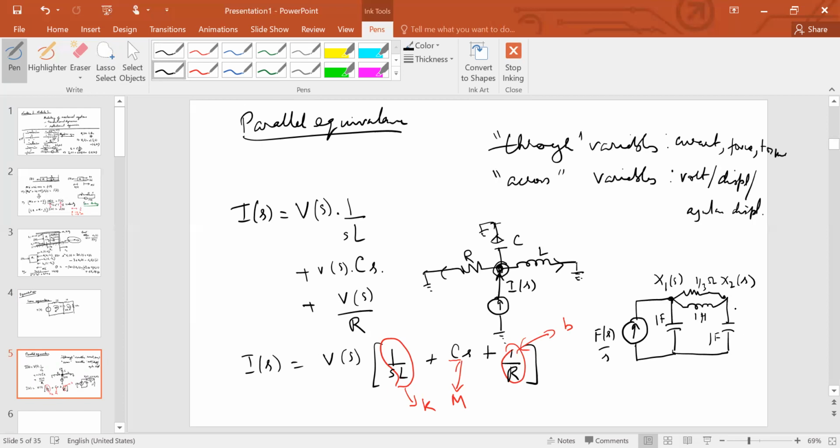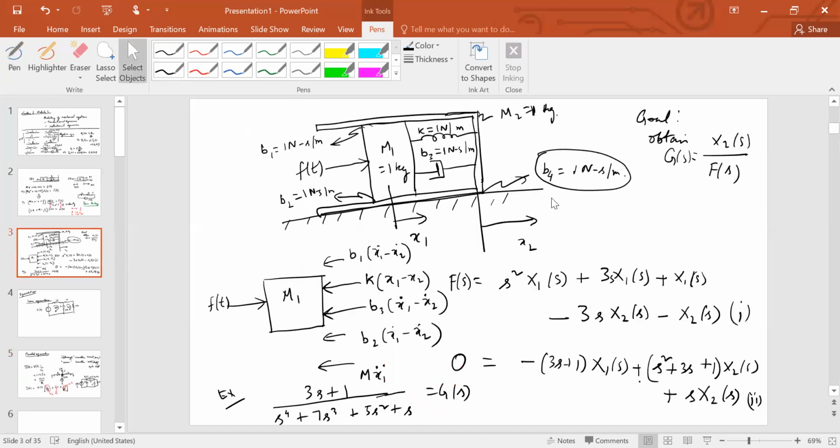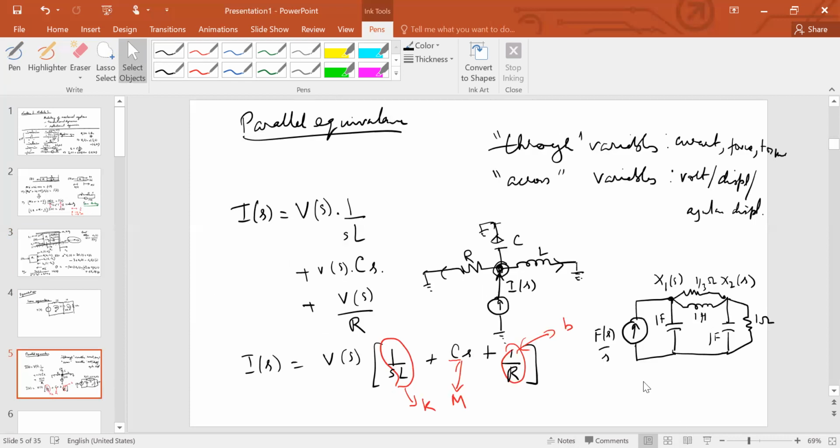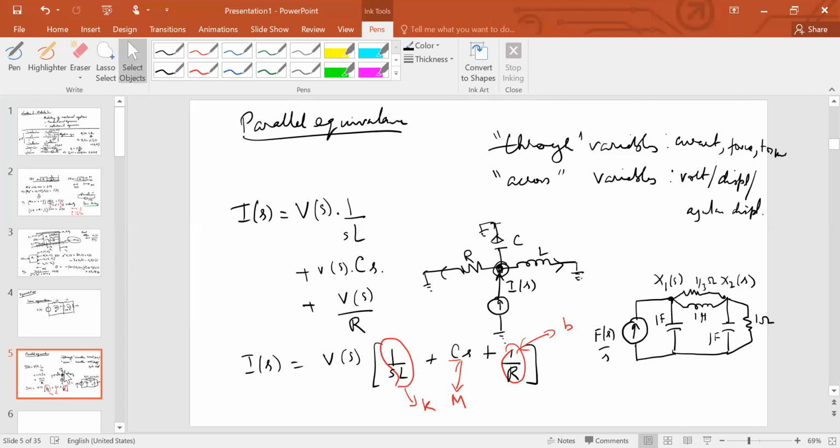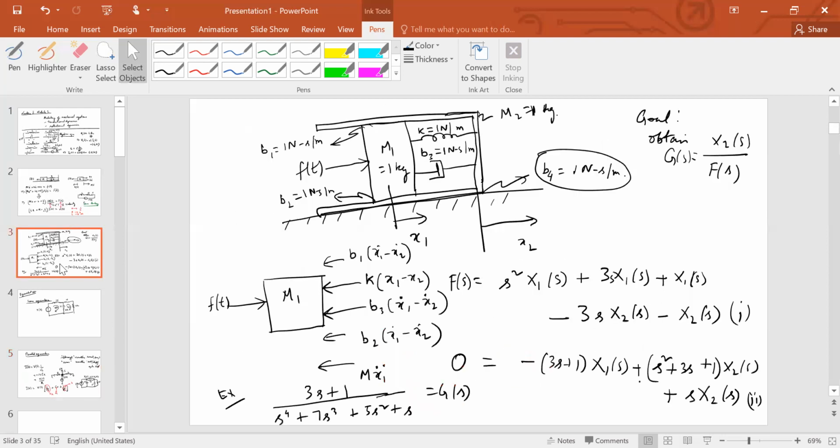And in addition, you have this resistance, which corresponds to B4, that is exclusive to the box. So this is going to be the parallel equivalent of the translational mechanical system that I have just considered in this particular figure. So take your time and see that you understand each of these analogs and how these circuits are mapping from one to the other.